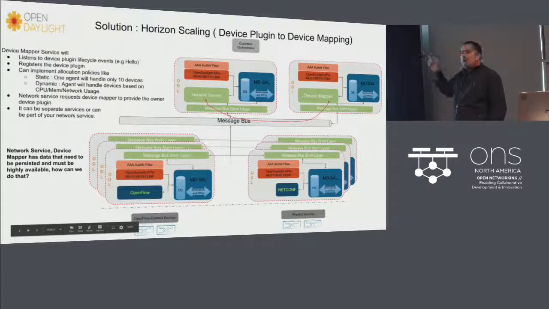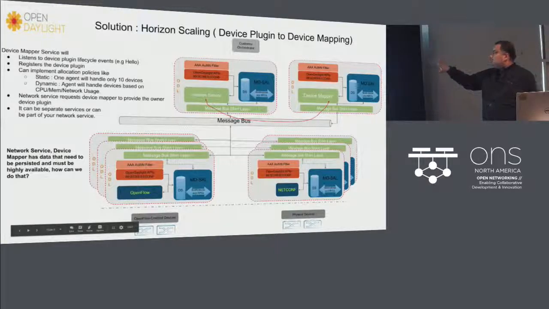So it's a centralized place where anybody can query and see where a device is, and it gives you the agent ID to reach out to. The agent ID can be a very simple architecture: it can be an IP address to reach that agent, or any UUID uniquely generated for each agent. So that solves the problem.